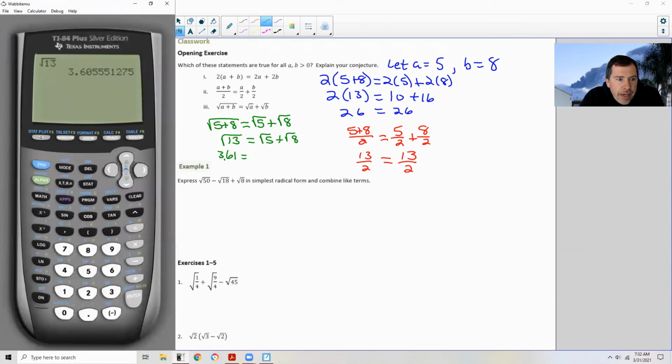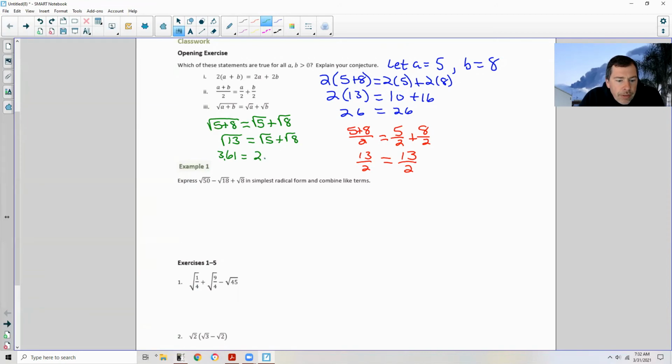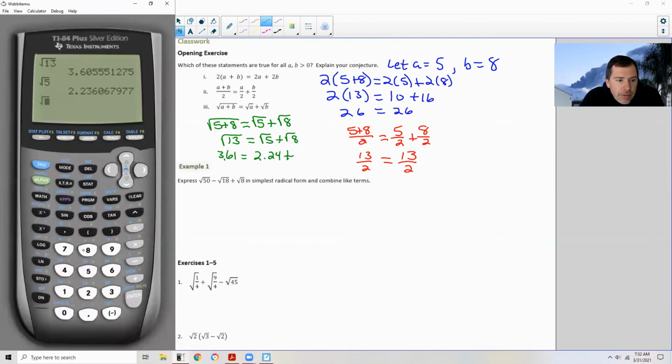And the square root of 5 is 2.24. I'm just rounding to the hundredth. Plus the square root of 8 is 2.83.